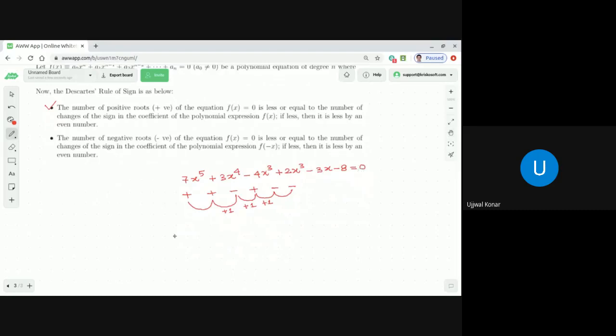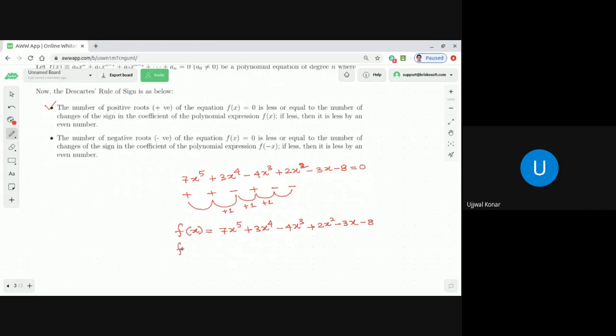So for that, let's first assume what is f(x). f(x) equal to 7x^5 plus 3x^4 minus 4x^3 plus 2x^2 minus 3x minus 8, correct?